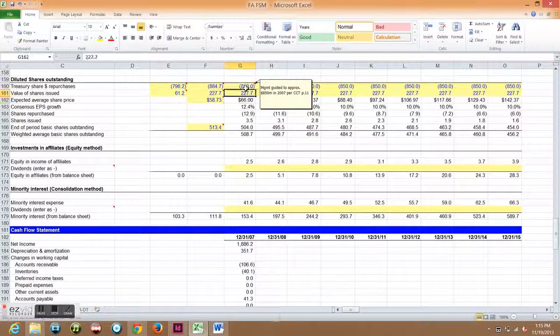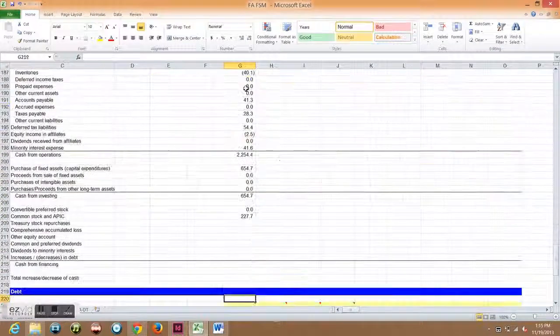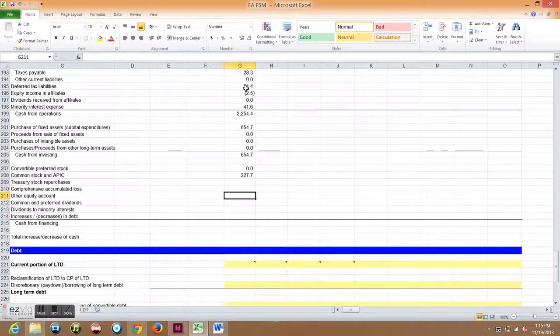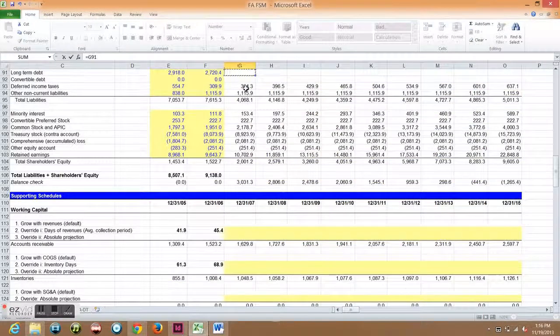Makes sense, right? So familiarize yourself with these connections, because there's a difference between memorizing the steps in modeling versus knowing what you're doing and what's the implications behind it. So do know the implications behind what you're doing. Treasury stock repurchases. And we're going to see the same thing over here.